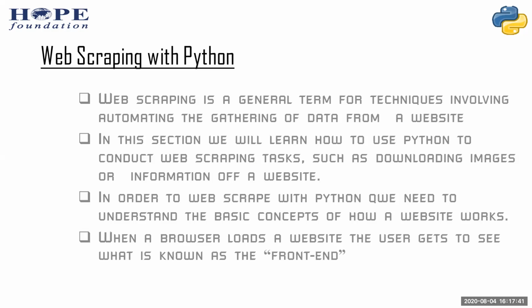In order to web scrape with Python, we need to understand the basic concepts of how a website works. I think most of you know what websites are, and what back end and front end are. I'll give some introduction.